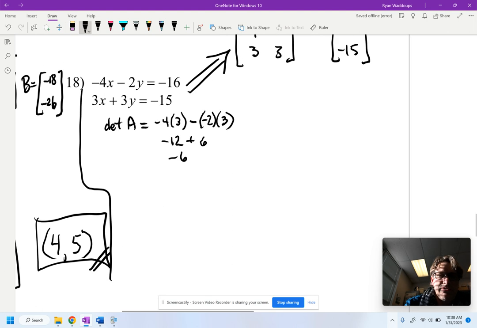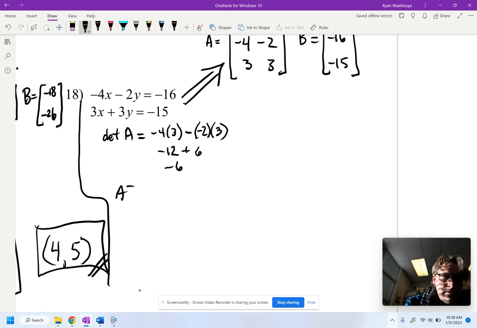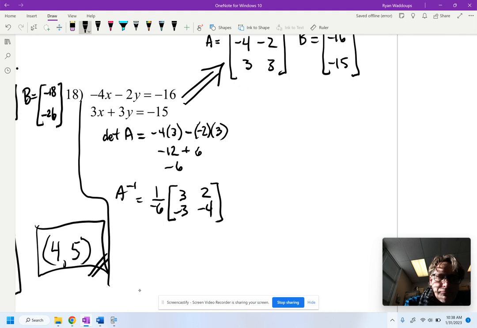So the inverse of A is 1 over -6 times 3 here, -4 here. The -2 becomes +2, and 3 becomes -3. And so that's 3 times -1/6, that's -1/2. -1/3, +1/2. And +2/3.